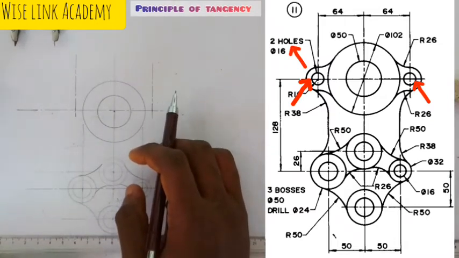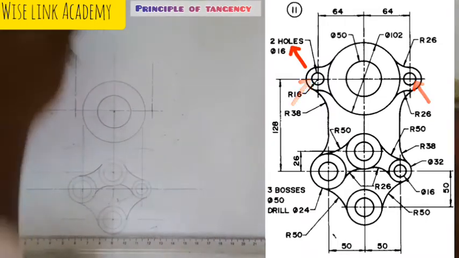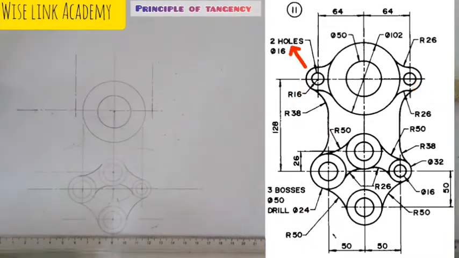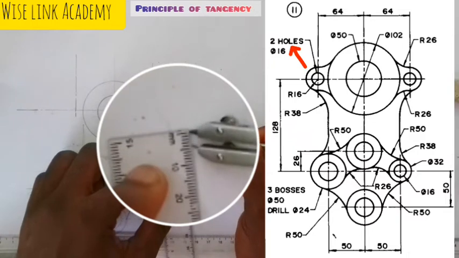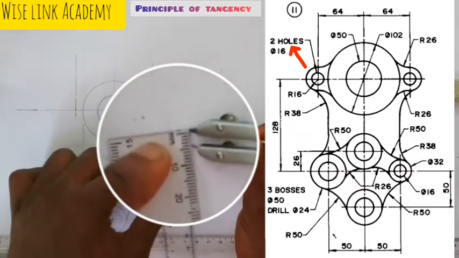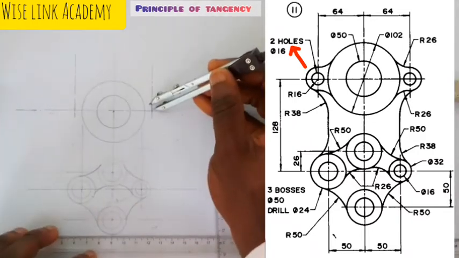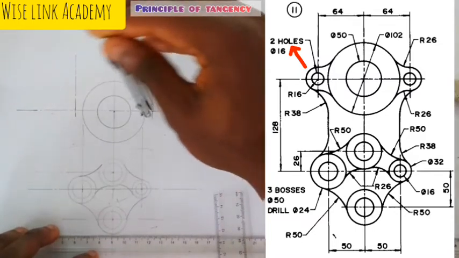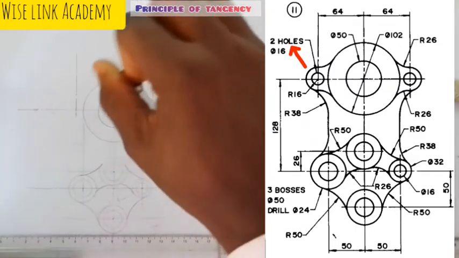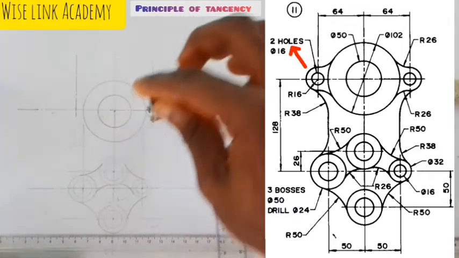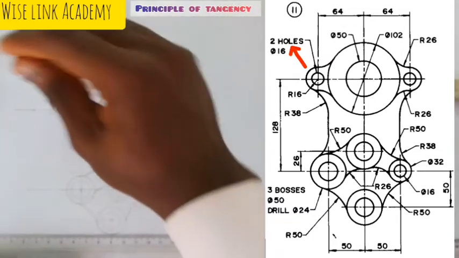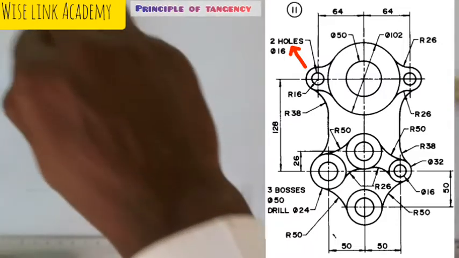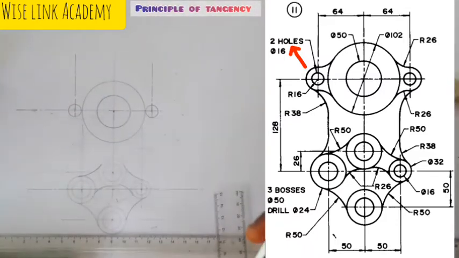I will divide 8 by 2 and have 4. So I'll measure 4 on my compass, from this point to this point, place it here and draw my circle. This is 1. Similarly, come to this point here, 4, so I have this 2 here.